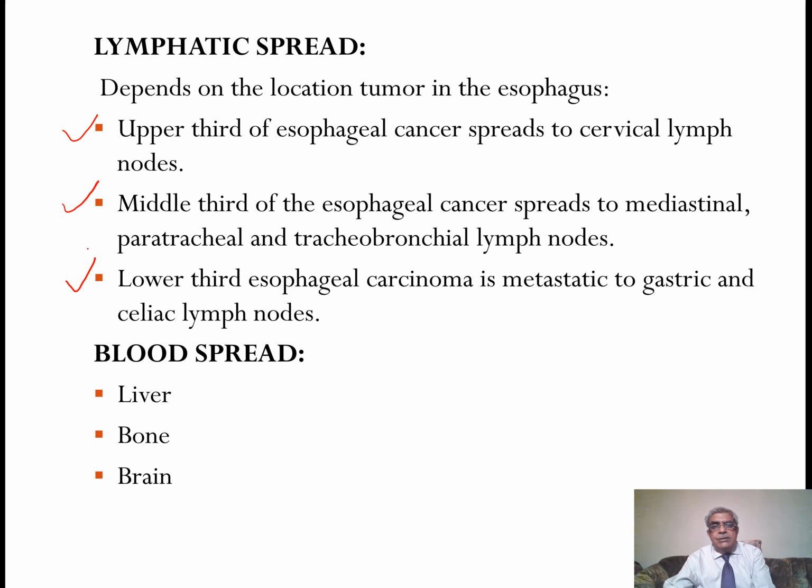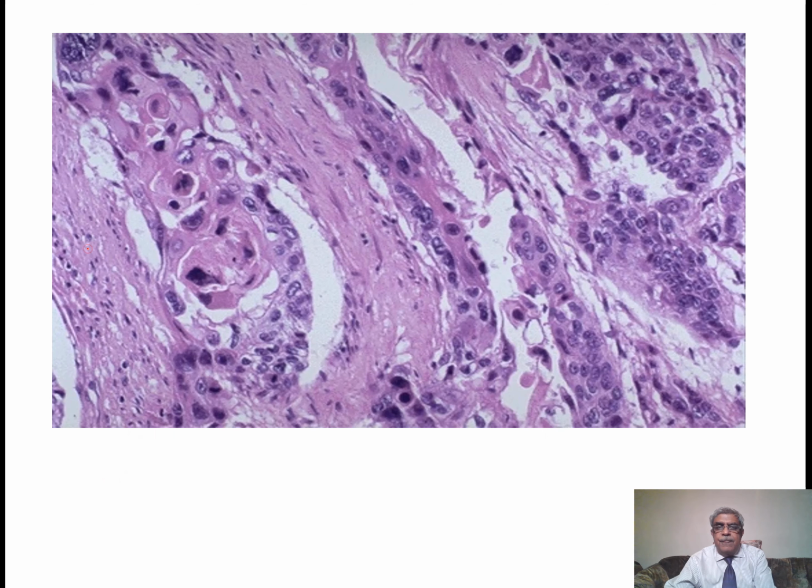According to location, when the tumor is in the upper one third of the esophagus, metastases are to the cervical lymph nodes; in the middle third, then mediastinal, paratracheal, and tracheobronchial lymph nodes; and when in the lower one third, metastases to the gastric and celiac lymph nodes.